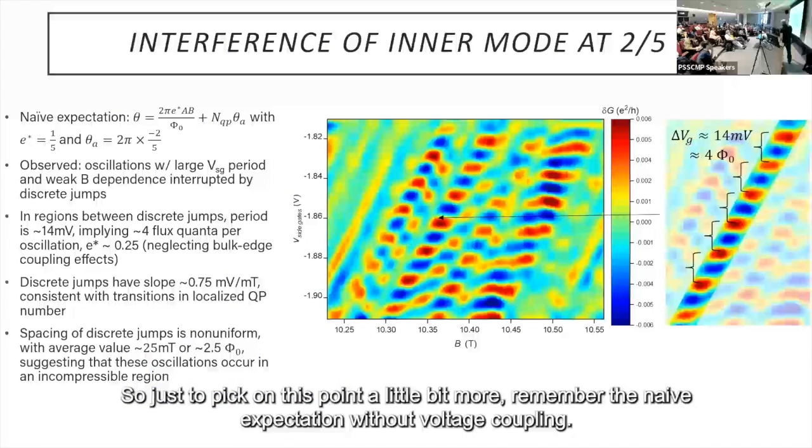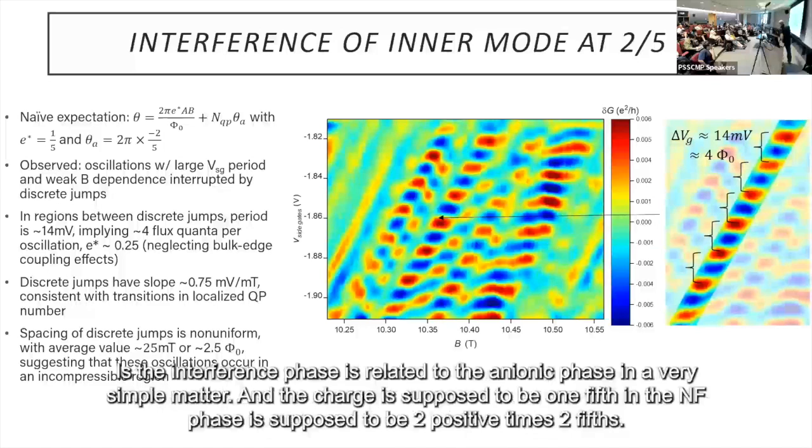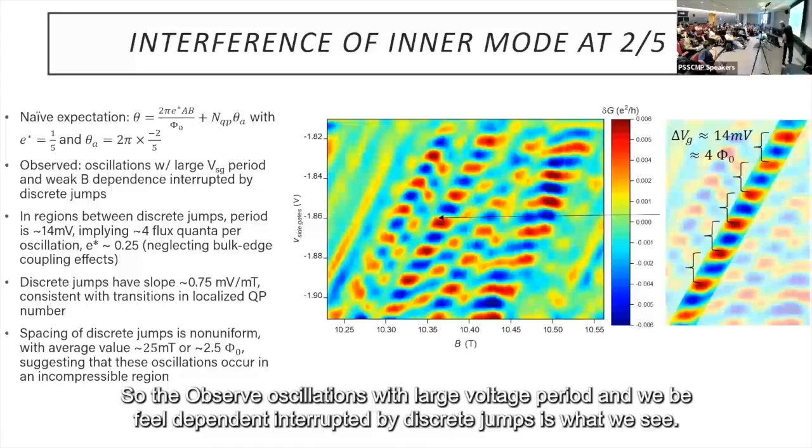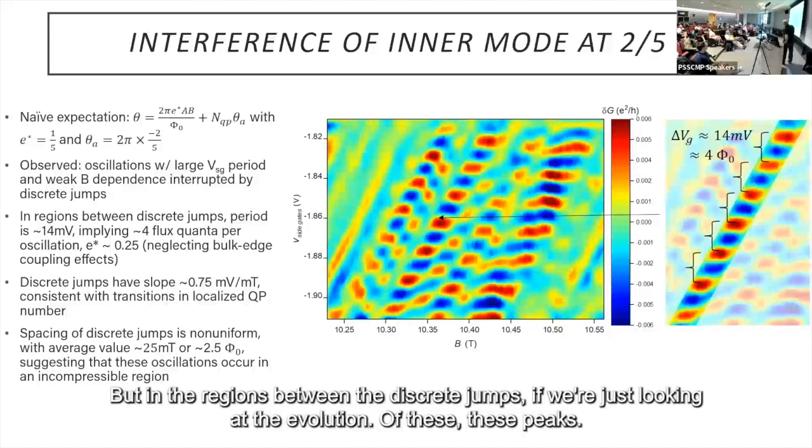So just to pick on this point a little bit more, remember the naive expectation without bulk edge coupling is that the interference phase is related to the anyonic phase in a very simple manner. The charge is supposed to be 1/5, and the anyonic phase is supposed to be 2π times 2/5. So the observed oscillations with large voltage period and weak B field dependence, interrupted by discrete jumps, is what we see.